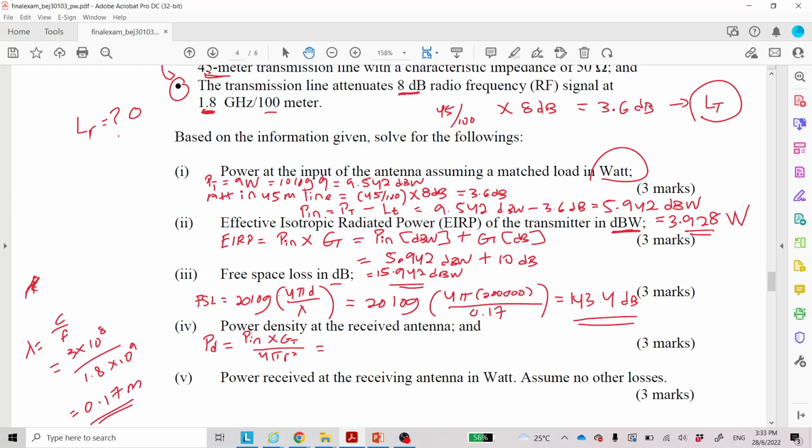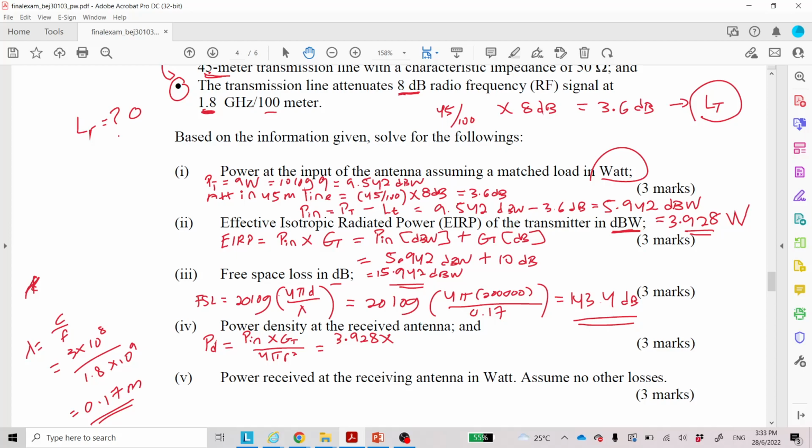So P input, we have calculated from the first question, which is 3.928 watt, multiplied with antenna gain.